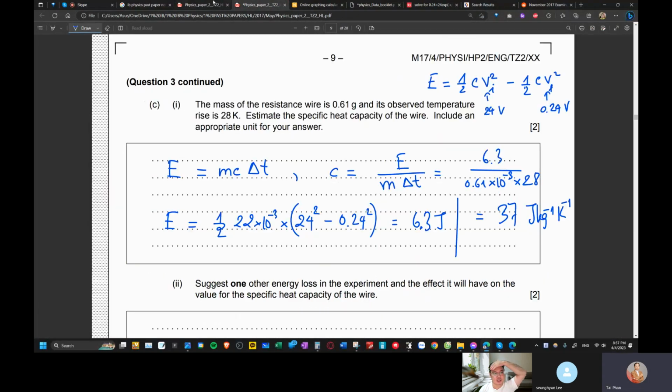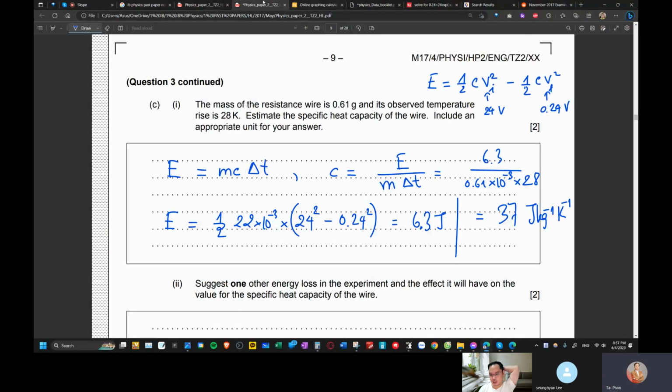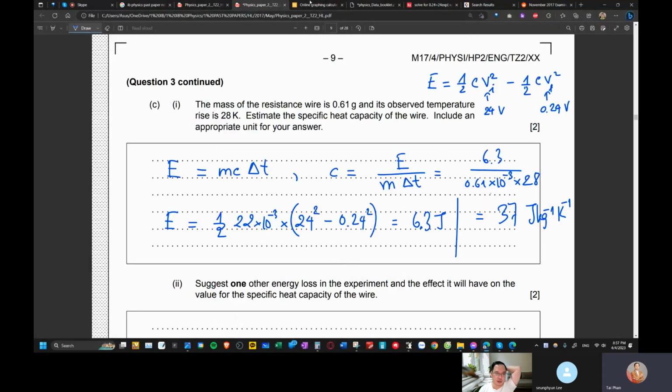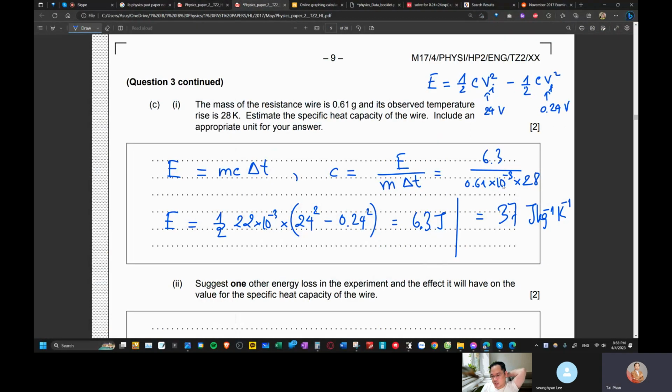One wrong number. 370. Something wrong with this calculation. Times 10 to negative 3. 6.1. Oh, 0.61, but I put here 6.1. Okay. So that's definitely 370. Okay. Yep. 0.61.